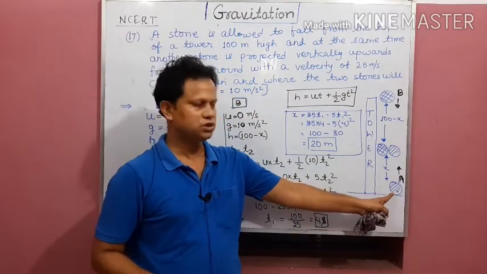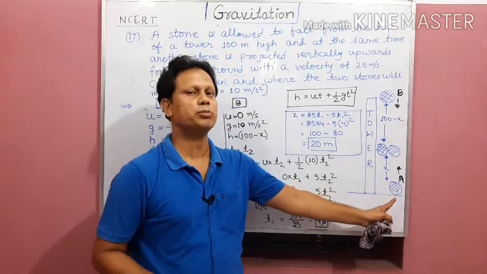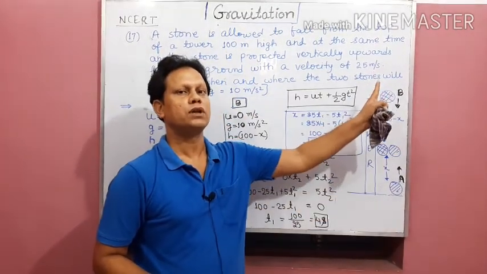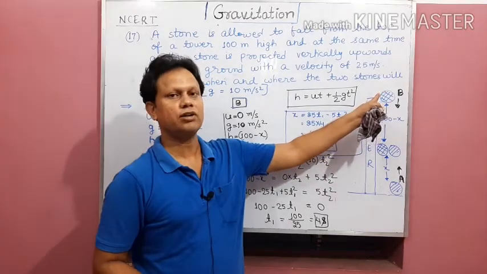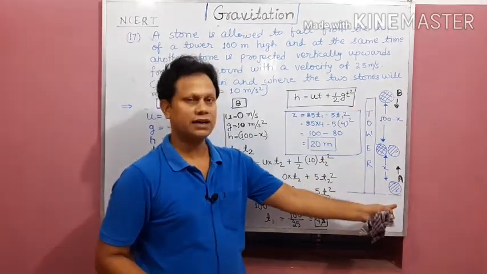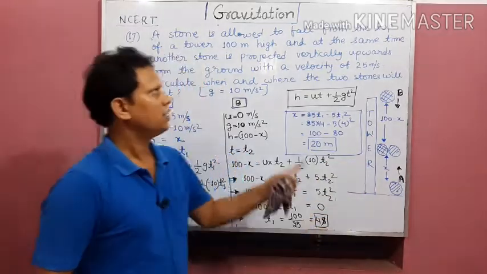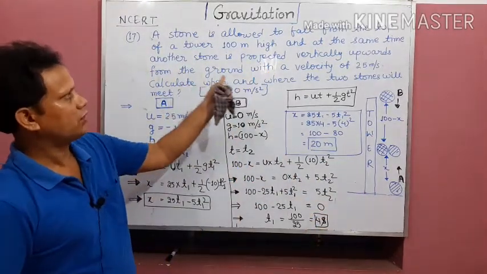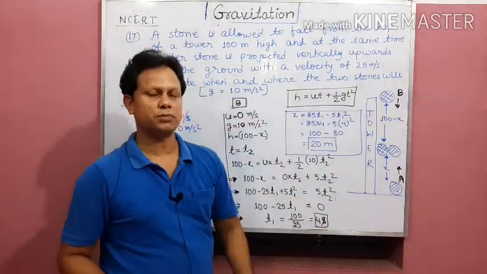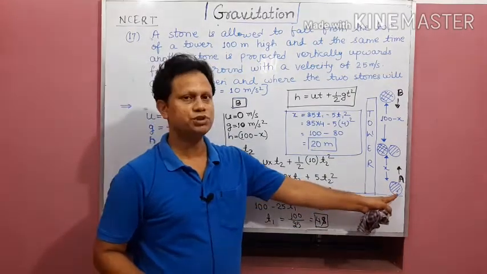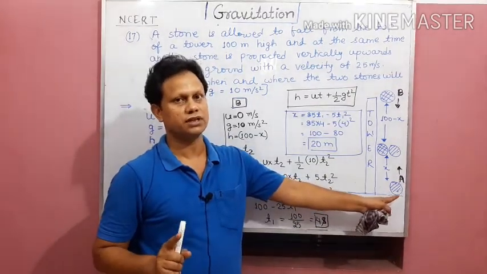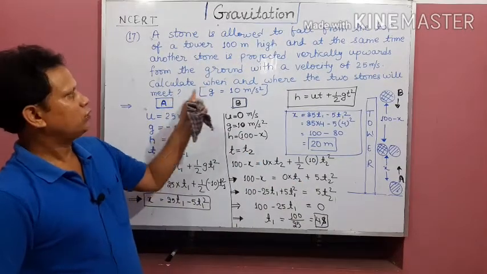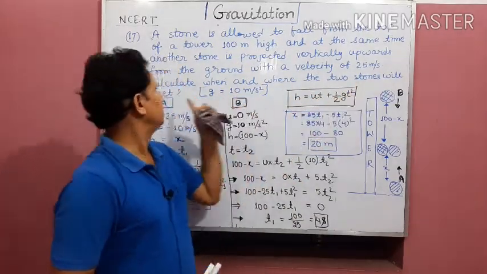Suppose stone A is being projected vertically upward from the ground with a velocity of 25 meter per second. So B is downward motion, A is upward motion. Calculate when and where the two stones will meet.